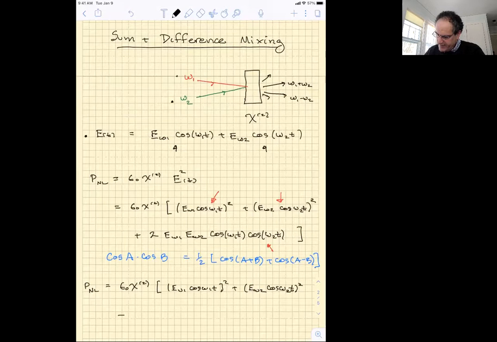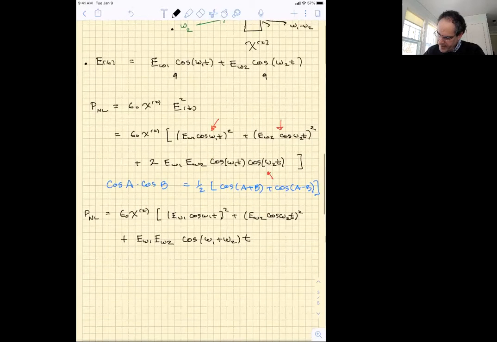And then we have the next term: 2 times 1/2 times E omega 1 E omega 2 cosine of omega 1 plus omega 2 times t, plus E omega 1 E omega 2 times cosine omega 1 minus omega 2 times t.